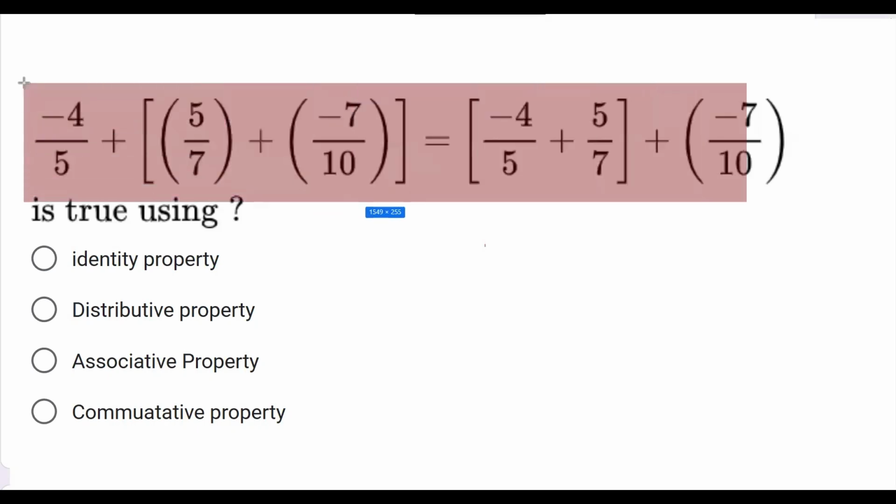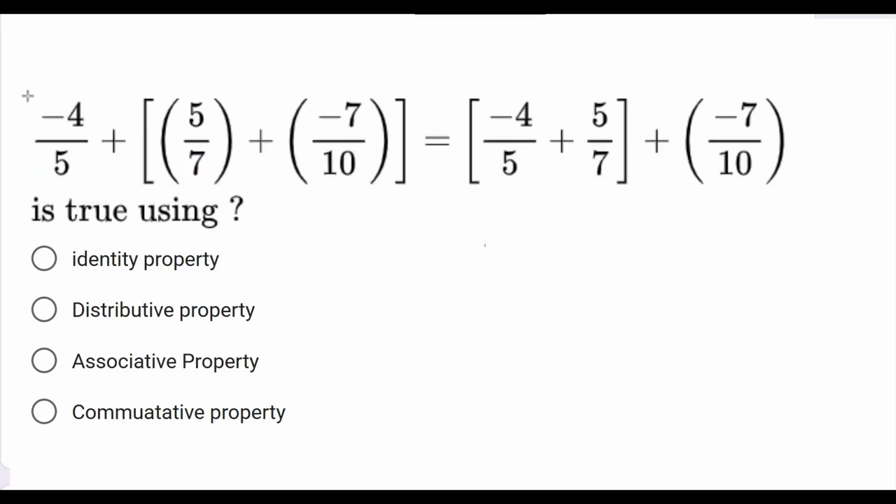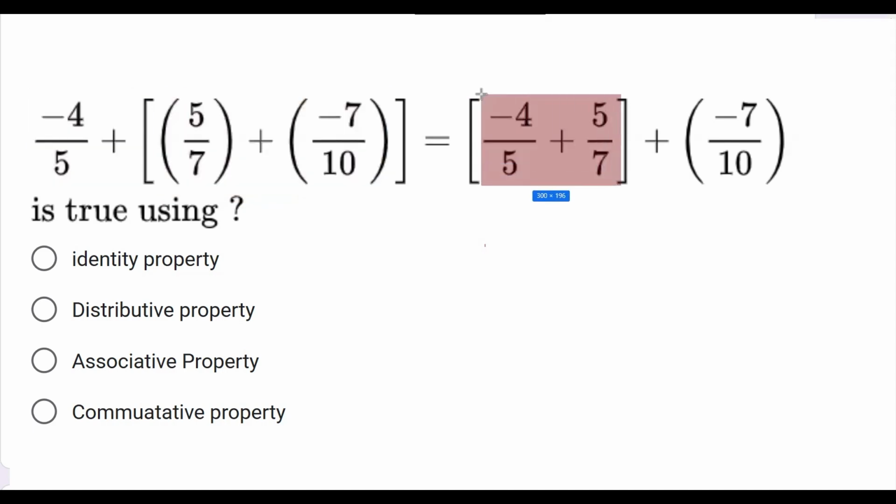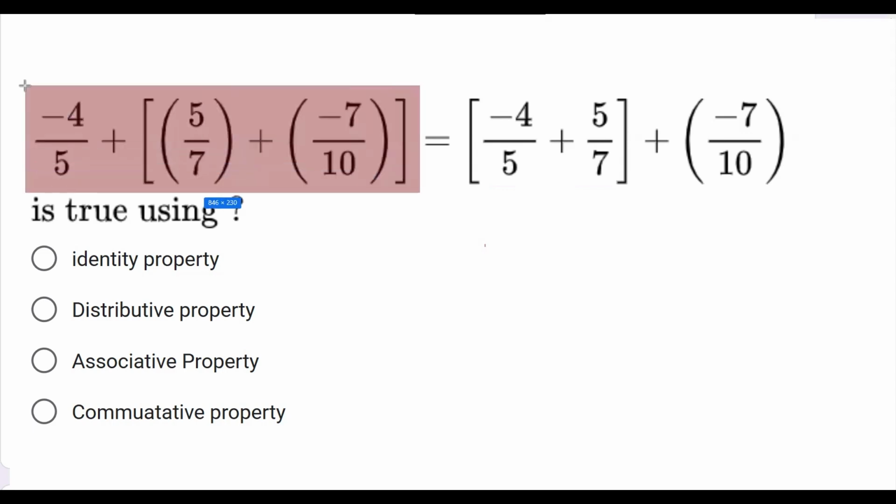Now we are given here an expression where minus 4/5 is added with the result of addition of this, and on the other side we have the sum of this added with this. So we have to identify the property. Well, by looking at the brackets, most of you judge that this is distributive property. You write this, which is a wrong answer.